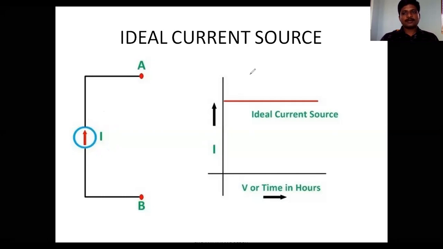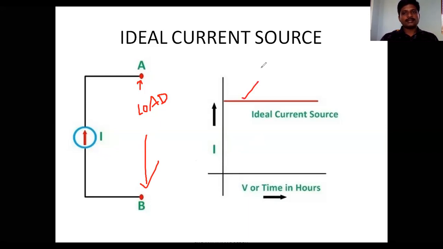A similar explanation, just like for the practical voltage source, can be given. When you are connecting a load across the terminals A and B, this ideal current source can supply infinite amount of energy without reduction of its output current.